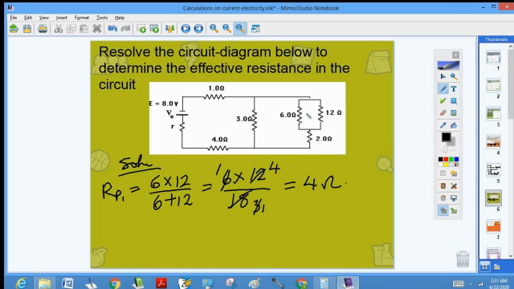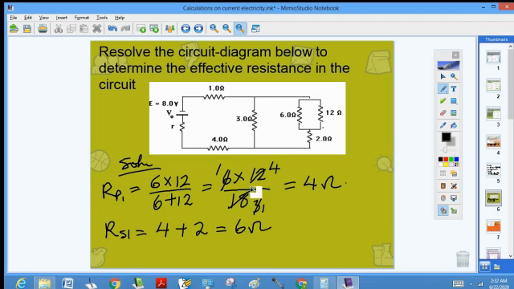Having found that, the effective value of this and this we combine to be in series. So we find their total value, that is R series 1, which will be 4 ohms plus 2 ohms, which will give us 6 ohms.